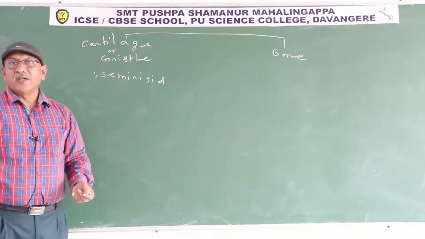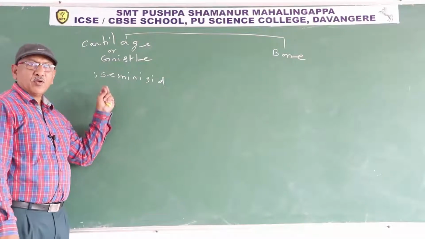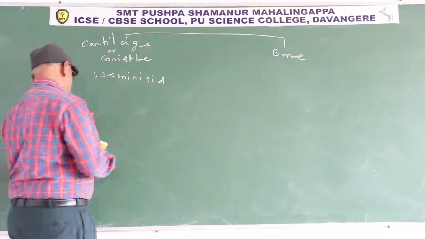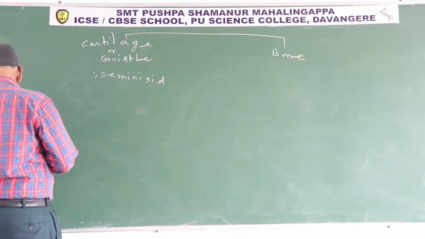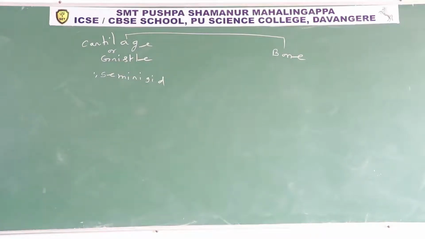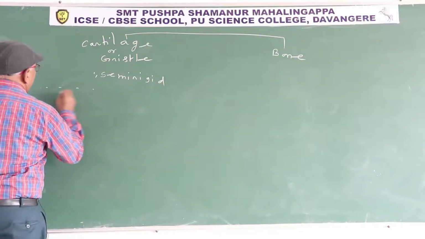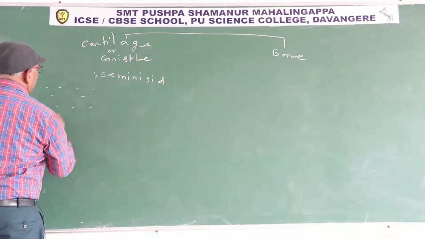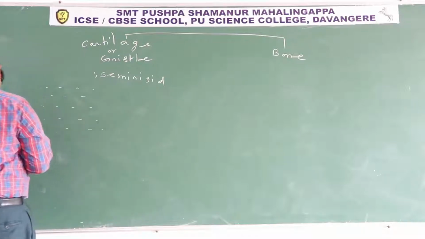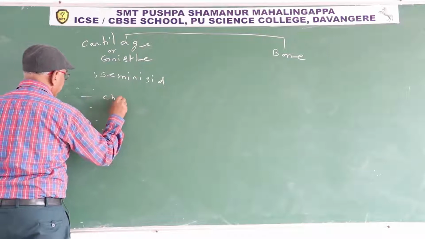Like epithelial tissue, cartilage is also avascular, means no blood vessels. Matrix of cartilage is known as chondrin.